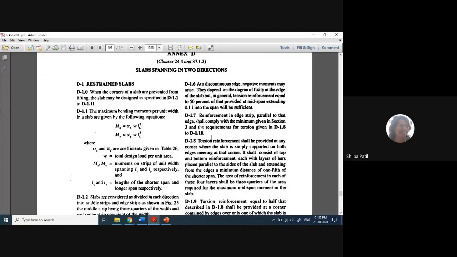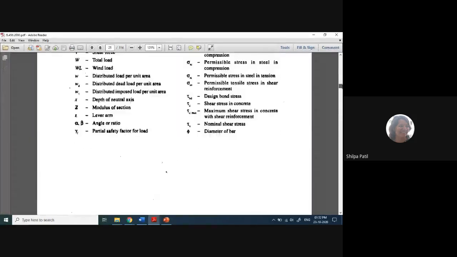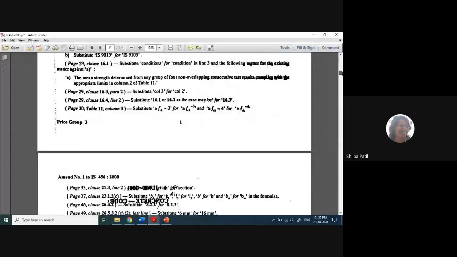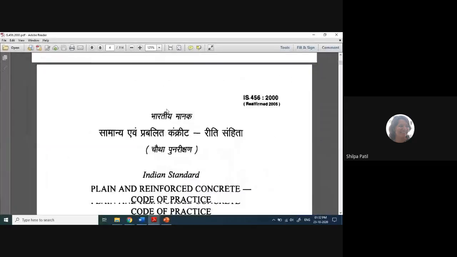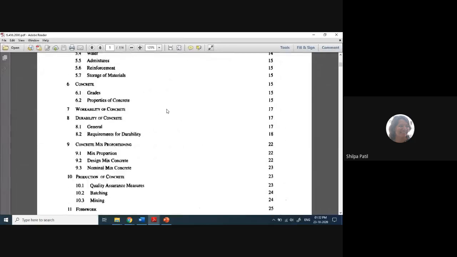What is section 3 now? Shall we go to section 3 in the code? Let me check. Minimum reinforcement in section 3. I have to refer now to the page number here.